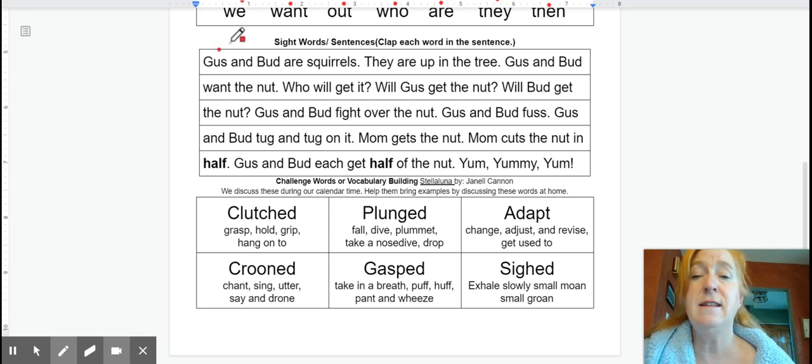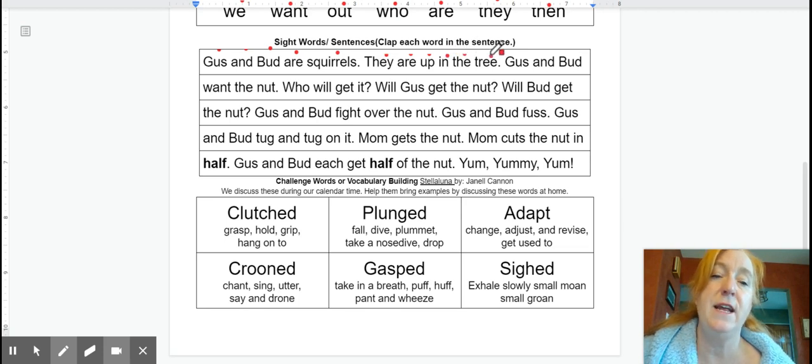We have Gus and Bud, our squirrels. They are up in the tree. Gus and Bud want the nut. Who will get it? Will Gus get the nut? Will Bud get the nut?